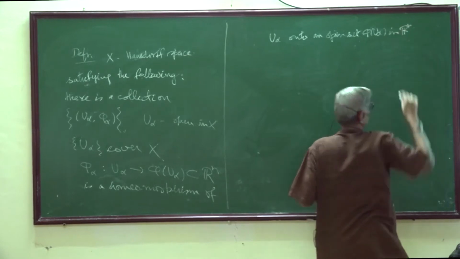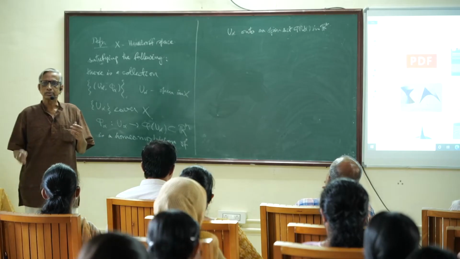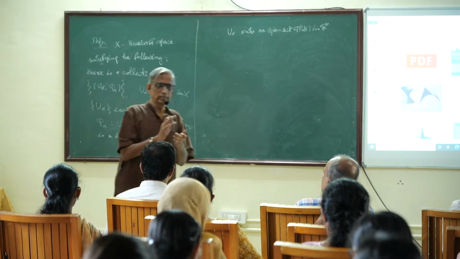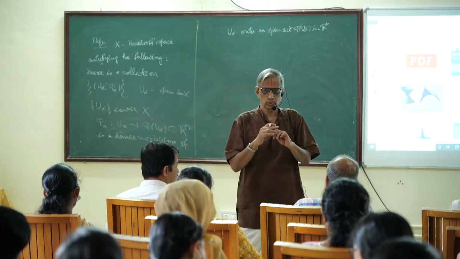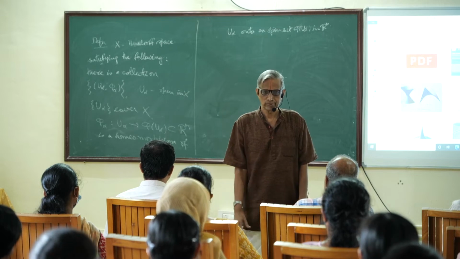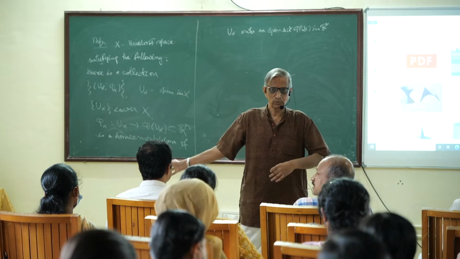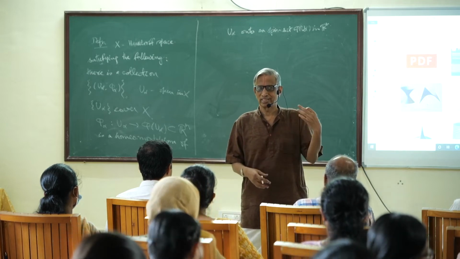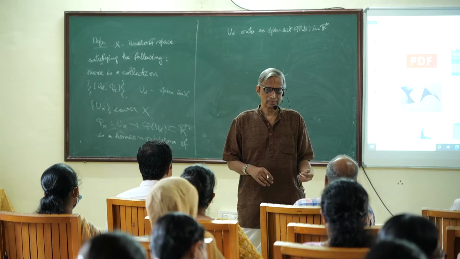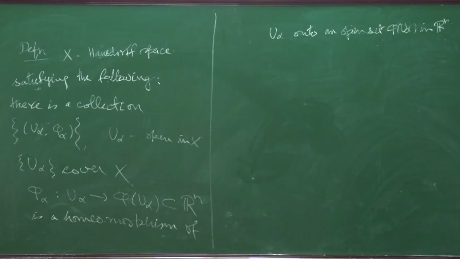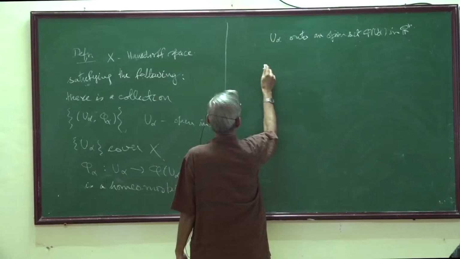So n is fixed. So this just says that around each point there is a neighborhood which is homeomorphic to an open set in Rn. And then the other condition needed is what I was trying to tell you in the end, how to define smooth maps on such a space, so that the condition that you have to impose some conditions on this, the transition functions or the change of coordinate functions are smooth.